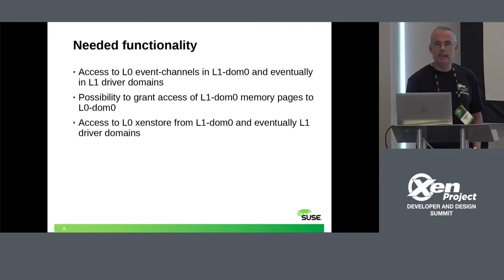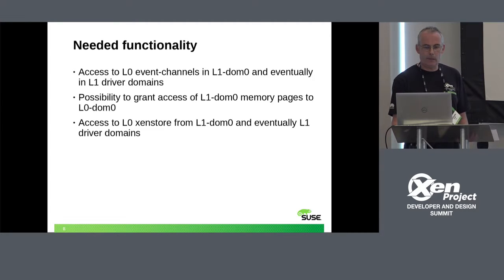So what is the needed functionality for that? Of course, I need to access in some way the L0 event channels in L1 Dom0, and maybe even in L1 driver domains if I want to test disaggregated Xen at level 1. Same goes for grant access of L1 Dom0 memory, which I want to grant to L0 Dom0 for doing I/Os.